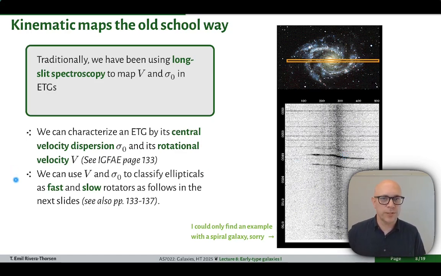We can then use this to classify ellipticals into so-called fast or slow rotators based on the relative strength of these quantities that we're looking at.